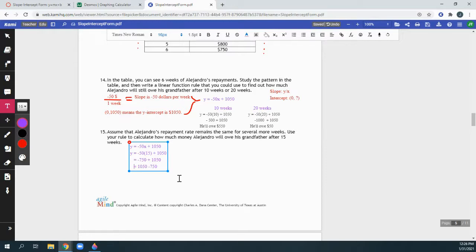Okay, so let's see. If I take away the 50, that gives me 1,000. If I take away the 700, that gives me 300 left. After 15 weeks, he'll owe $300.